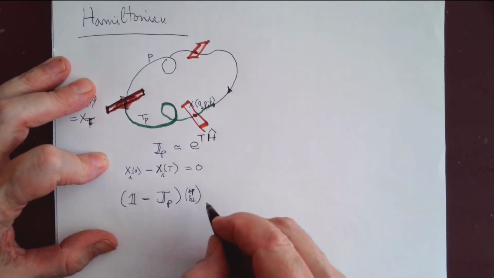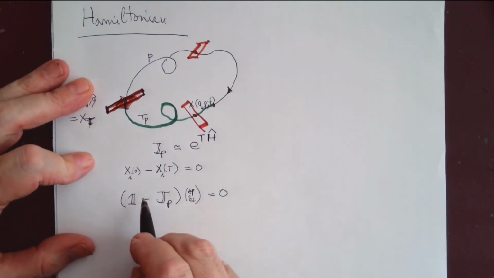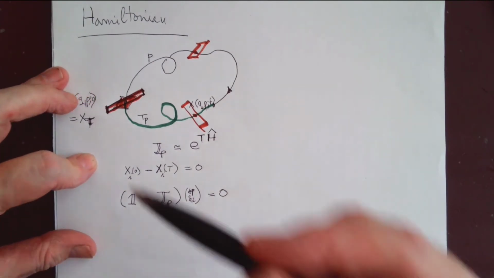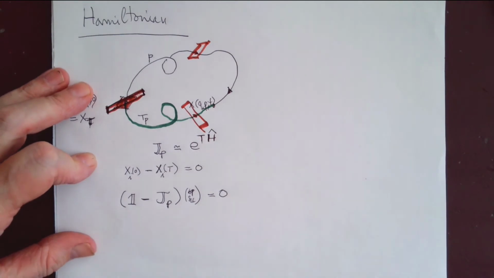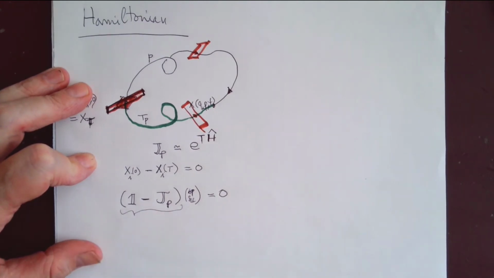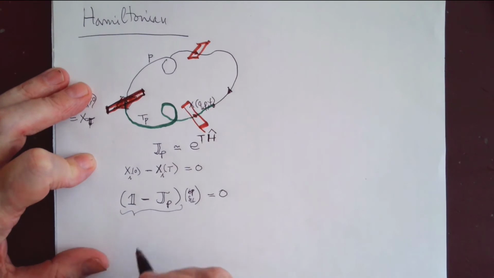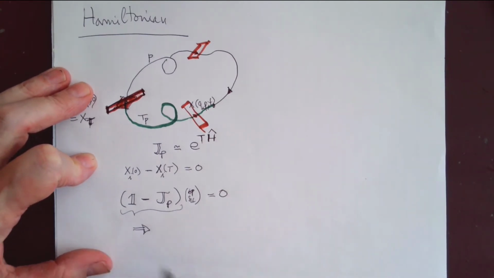And the periodicity condition means that, acting on the neighboring trajectories, p's and q's, we have to have 0. And then if you're doing a Newton calculation, for example, we make a guess and we come close, we want to improve that guess.